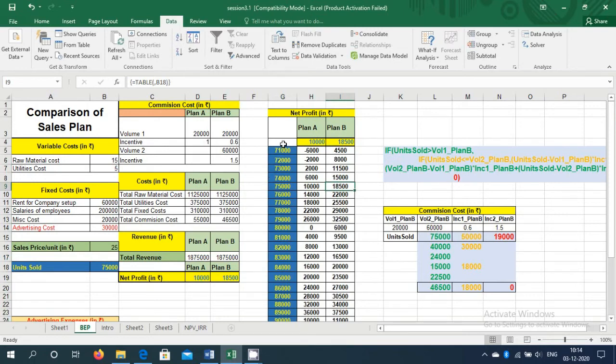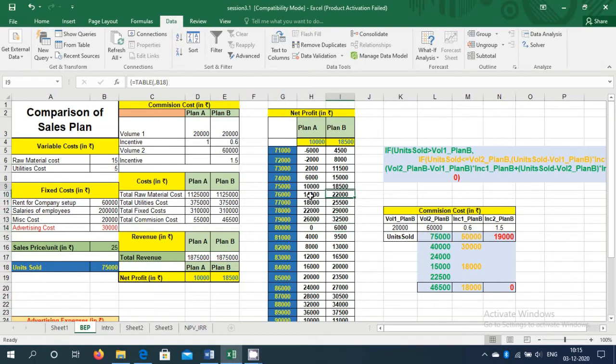And for 72,000 at this point of time, you cannot say that plan A is better, rather plan B is better, because here profit is comparatively more. So again over here plan A is not a good decision, plan B is a good decision.